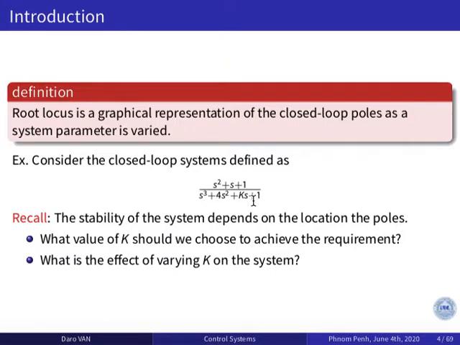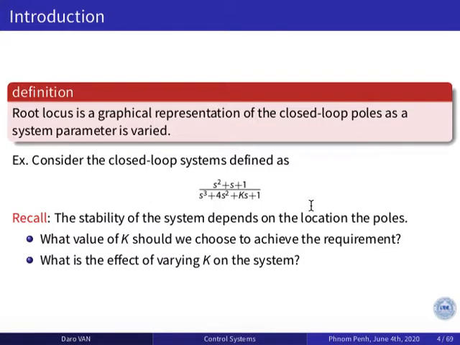In this case, the poles are not immediately known without factorizing this denominator, which is a function of this parameter k. So we do not have any knowledge of the system performance unless we factor the denominator for a specific value of k.